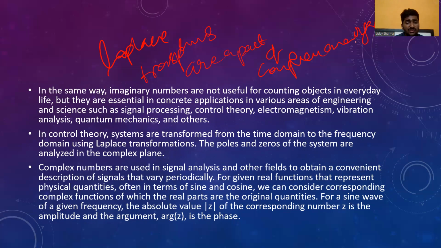Complex numbers are used in signal analysis and other fields to obtain a convenient description of signals that vary periodically. For given real functions that represent physical quantities, often in terms of sine and cosine, we consider corresponding complex functions of which the real parts are the original quantities. For a sine wave of a given frequency, the absolute magnitude of the corresponding number z is the amplitude, and the argument is the phase.